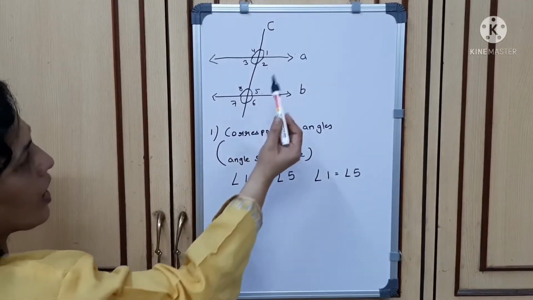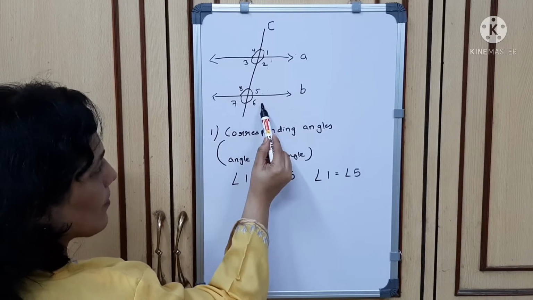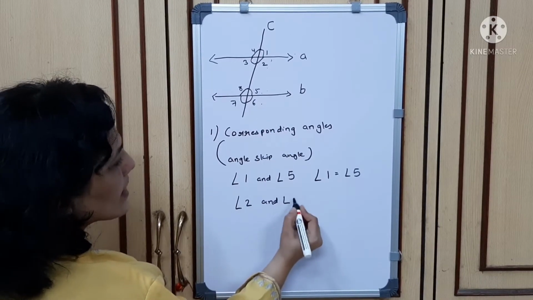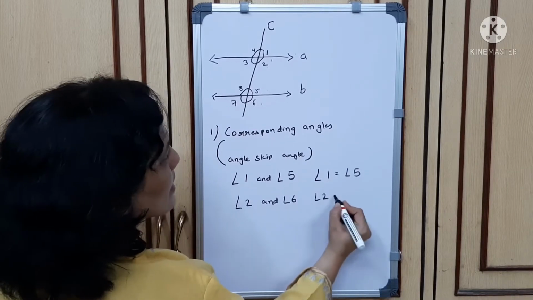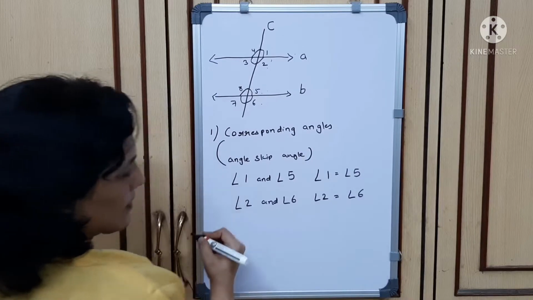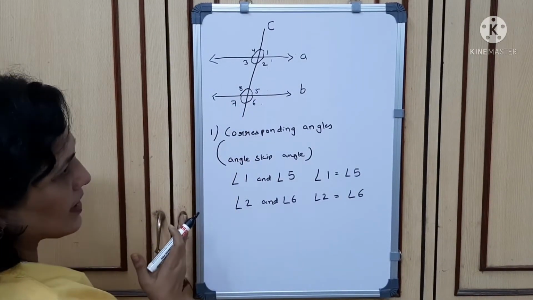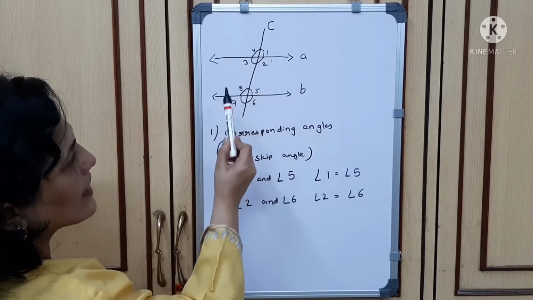Angle 1 is always equal to angle 5. The same way, when we take 2, we skip 5 and we take 6. So that is angle 2 and angle 6, which means angle 2 is equal to angle 6. Now, on the other side of the transversal, which are the angles? 4, 3, 8 and 7.